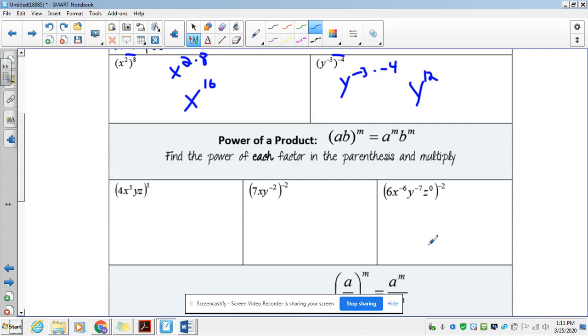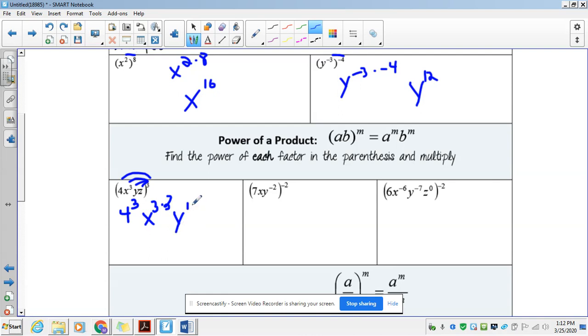So here is just examples of what if I have more in here. But as I told you in the beginning, all you're doing is like the distributive property. So it has to go here, here, here, and here. Everything in here. So the 4 gets brought to the third power. The x, 3 times 3. When there's not an exponent, what's that number? 1.